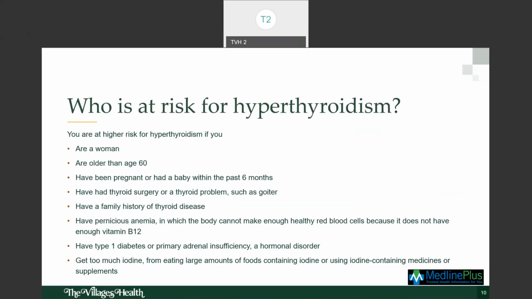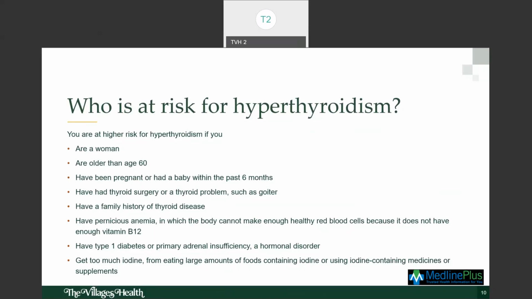Any family history of any thyroid disease, hyperthyroid, hypothyroid, Hashimoto's, things like that, in your family history can put you at a higher risk. Also, having anemia, pernicious anemia, can put you at a higher risk for this. So pernicious anemia is when the body can't make enough of your healthy red blood cells because it doesn't have enough vitamin B12.